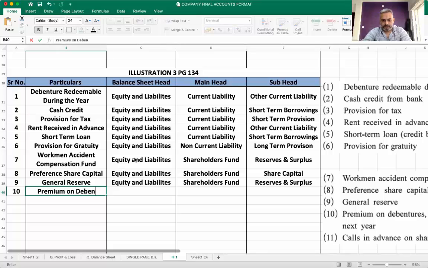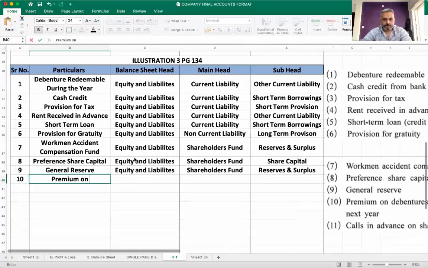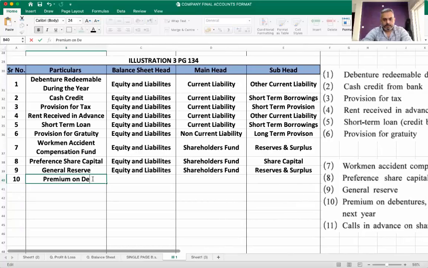Premium on debentures redeemable during next year.